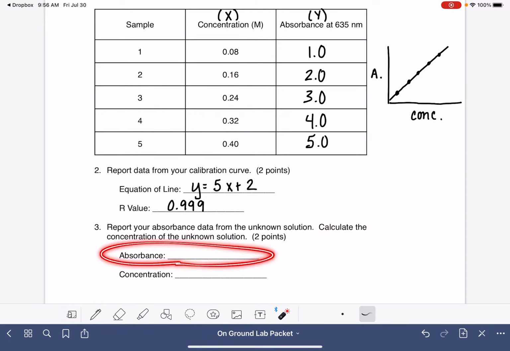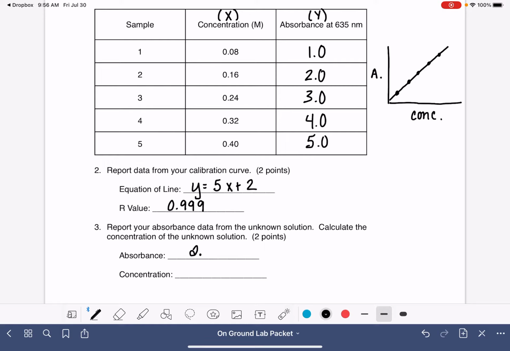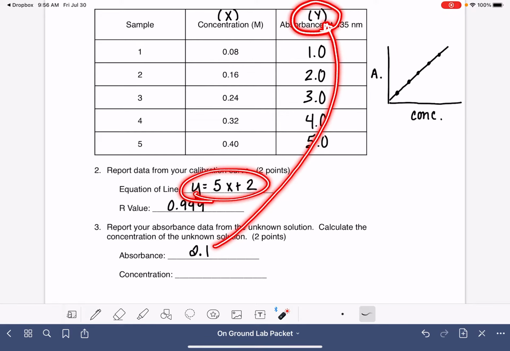The first thing that you'll have on here is your absorbance data. This is something that you will have measured in lab. So let's say your absorbance is 2.1. From this absorbance data, using the equation of the line, you're going to calculate your concentration. Remember that absorbance is y in the equation of the line.